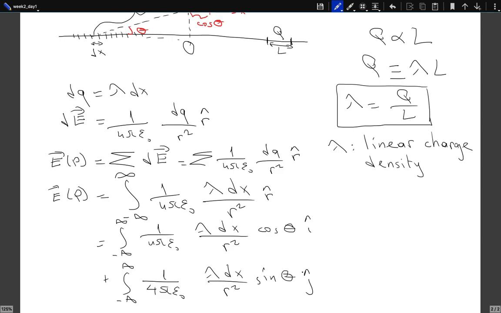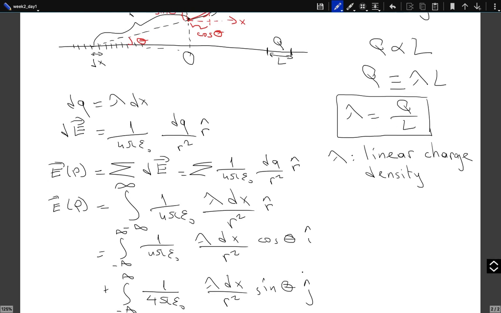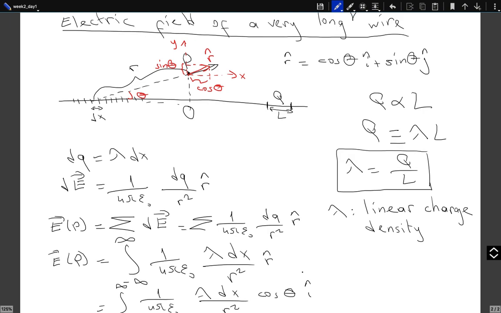Now I have theta, r, and x. They are all related to each other. Let's find something else that is constant as I'm changing my segment.